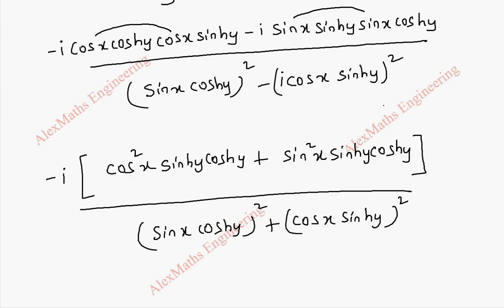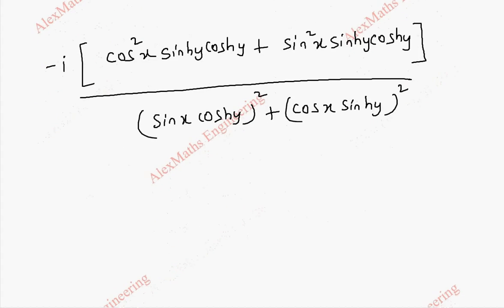Then again in the numerator, it is possible to take sinh y cosh y common. So we get cos square x plus sin square x.